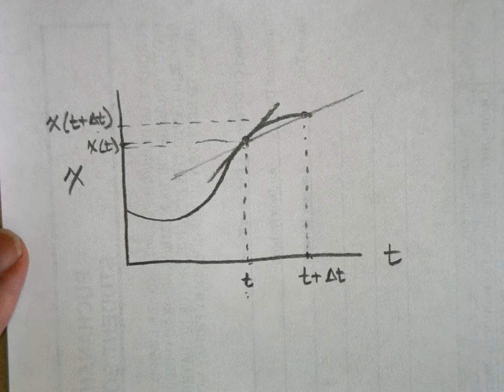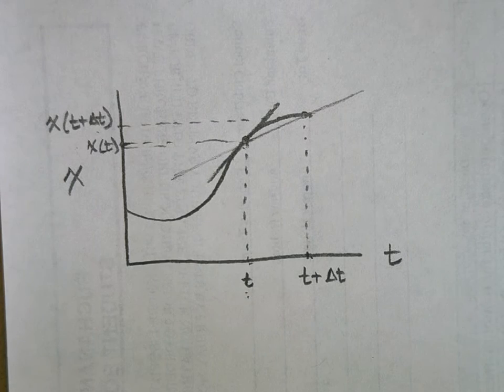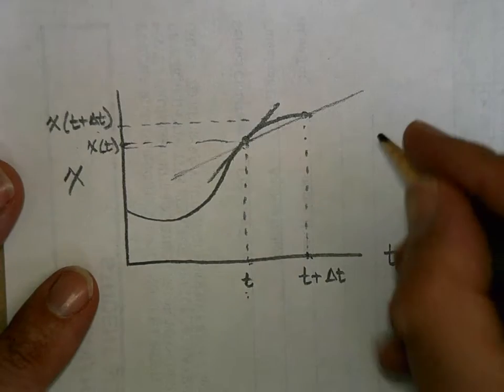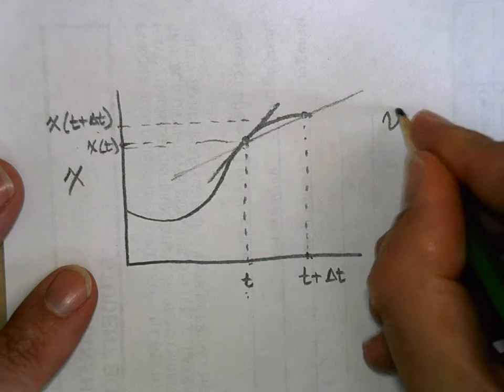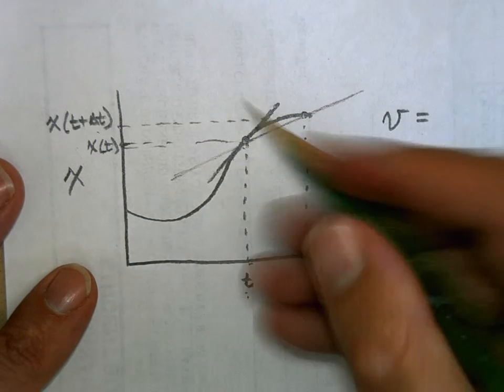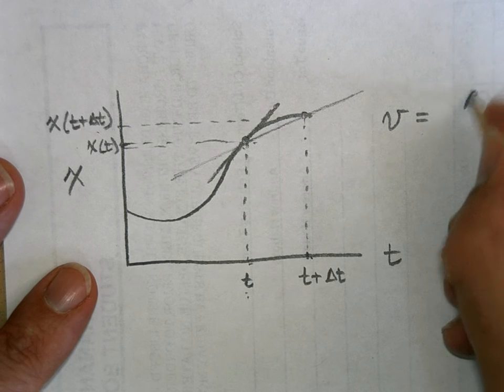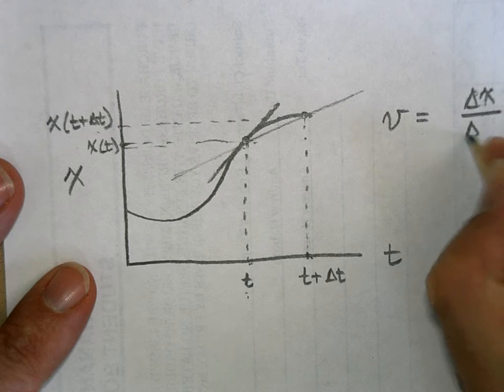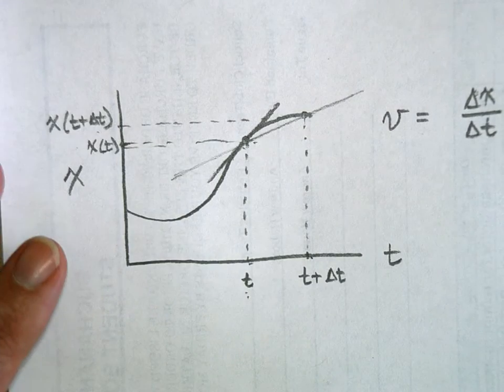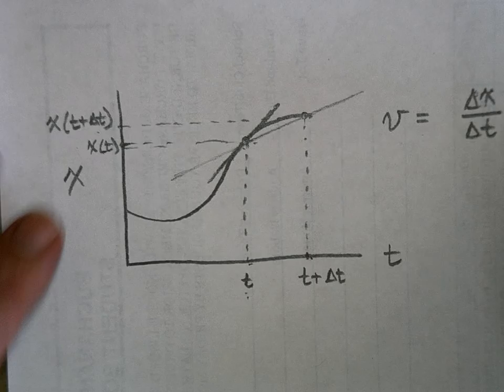And that'll be an average velocity. And so the velocity here is going to be the slope of this line, which is delta x over delta t.